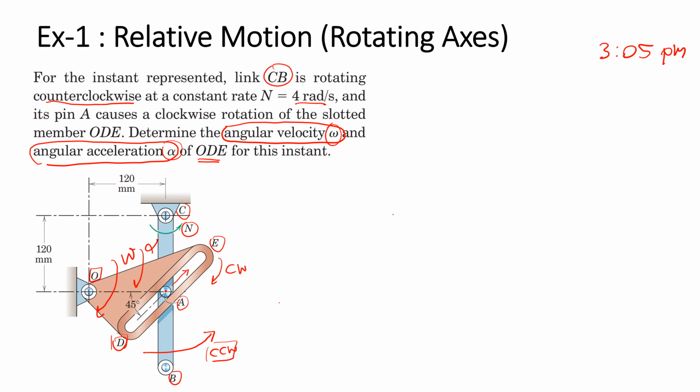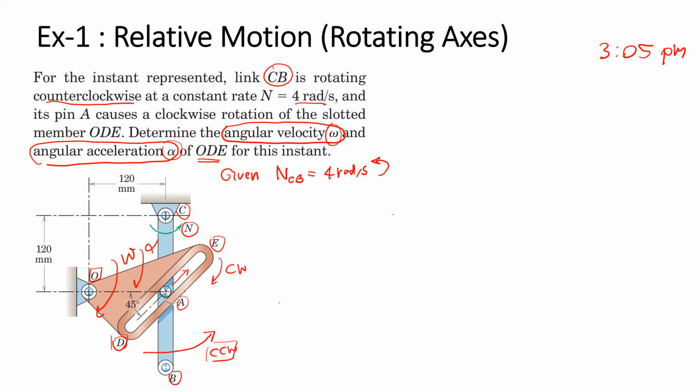Let's begin. The problem gives the omega of the link CB as 4 radian per sec in the counterclockwise direction.